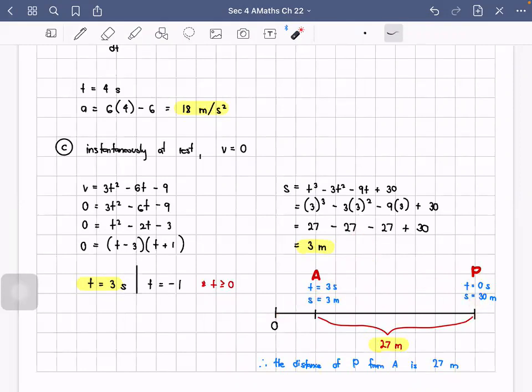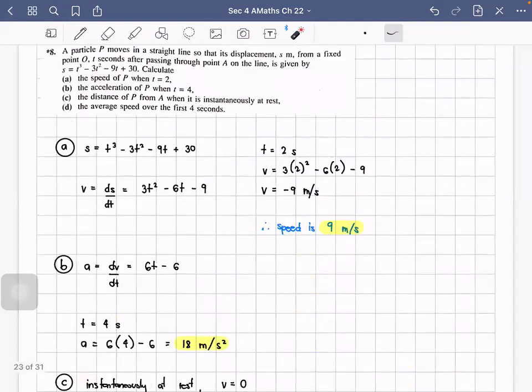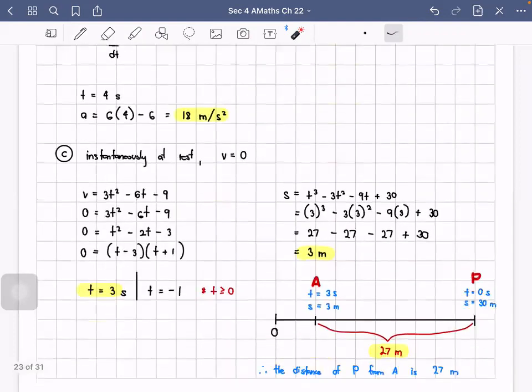Now for letter C, it's asking the distance of P from A. Now, where did we get A? Just right now, here. For point A, we know that at the 3-second mark, point A is just 3 meters away from the origin.